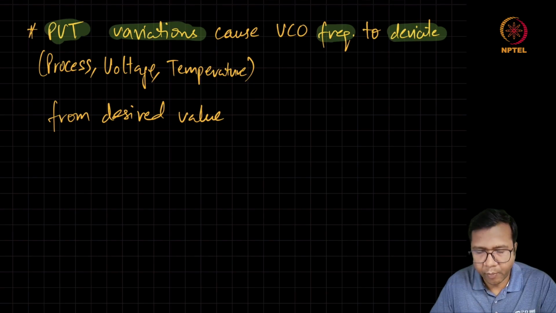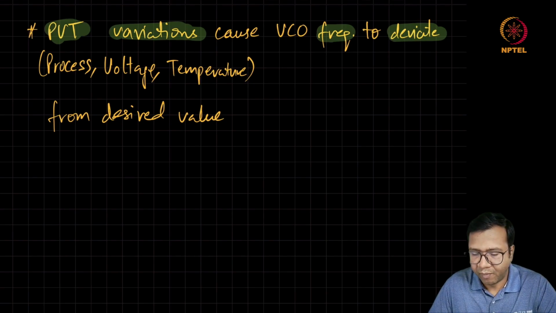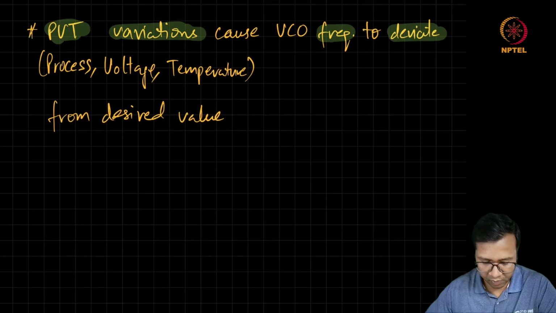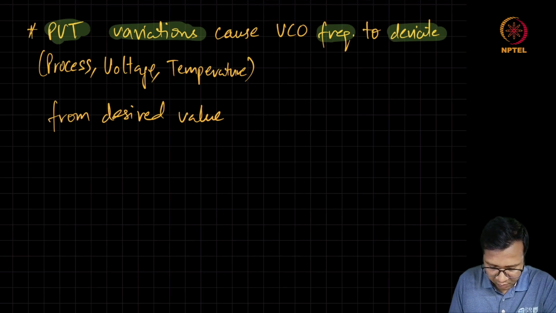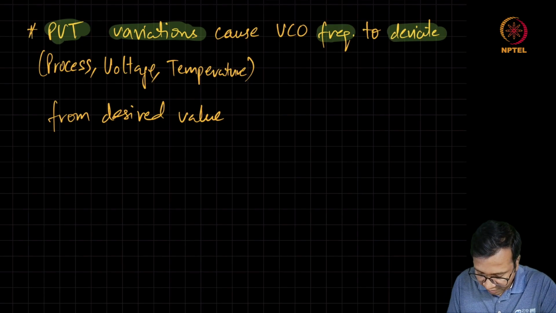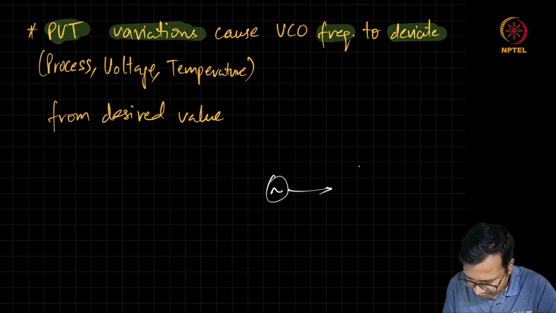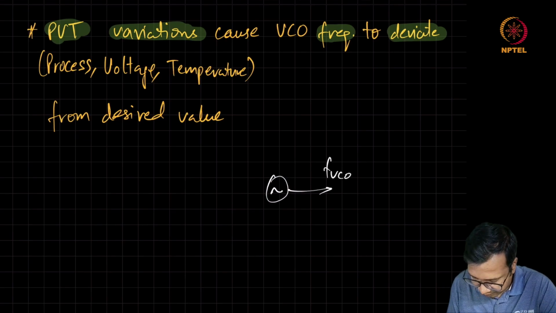So if we are operating in a specific frequency band where we are trying to transmit or receive in a specific channel, then the frequency of the LO has to be very precise. So we can't allow these PVT variations to cause such high deviations in the VCO frequency output. So to keep this VCO frequency tightly controlled to the required value, let's say this is your VCO output.